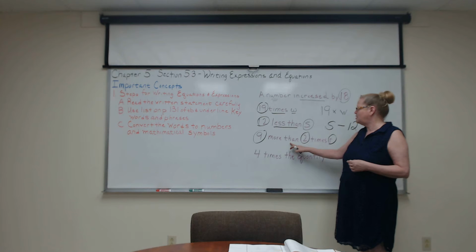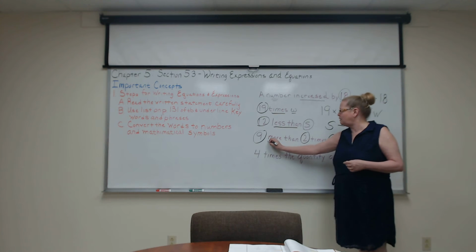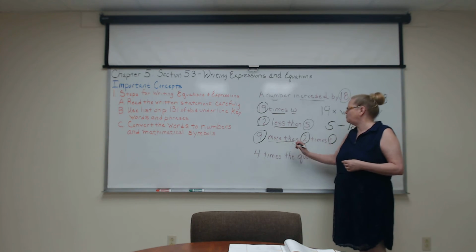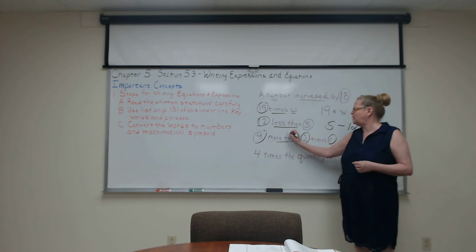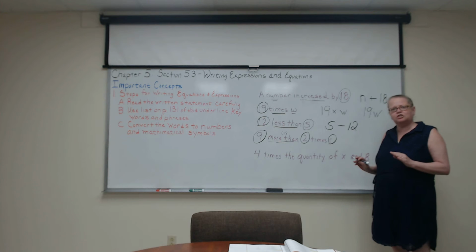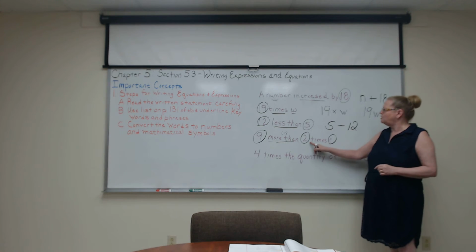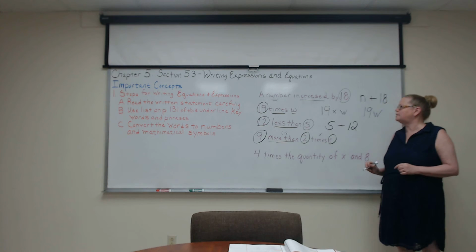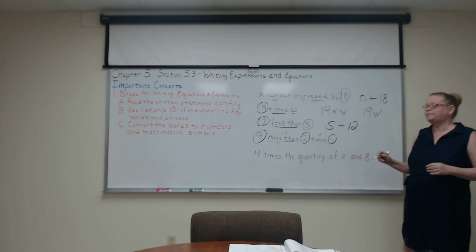So we have 9 more than. More than is our clue. So we know that's going to be, just so I don't forget, because this one's a little complex, I'll write my little addition sign there. I know we're adding there. 2 times r. So 2 multiplied by r.